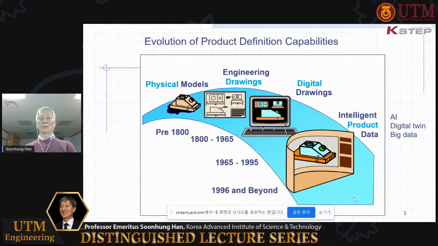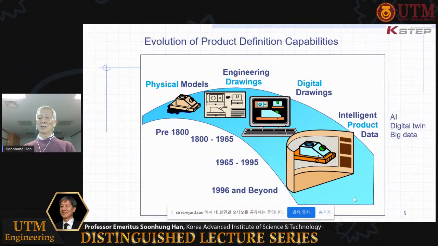And then the computer came. The computer provides us a new way of describing the drawings. You can imagine AutoCAD, which replaces paper drawings. And nowadays, everything goes to 3D and even VR, more than 3D. The final stage, we can say, is intelligent product data.